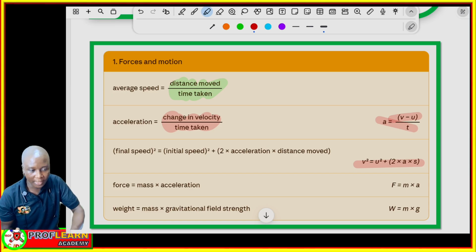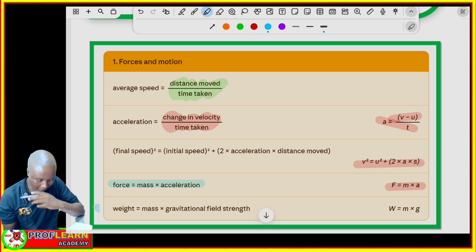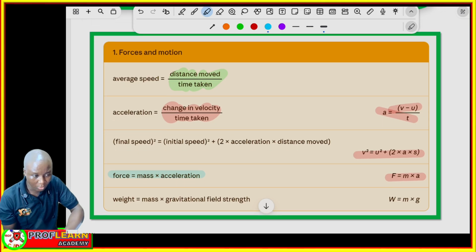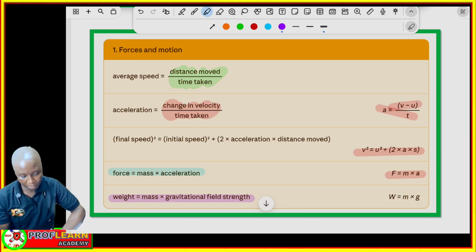The relationship that connects force, mass, and acceleration is force equals ma. These are formulas you really need to understand as far as force and motion is concerned. Also don't forget the concepts of weight, mass, and gravitational field strength are quite important.